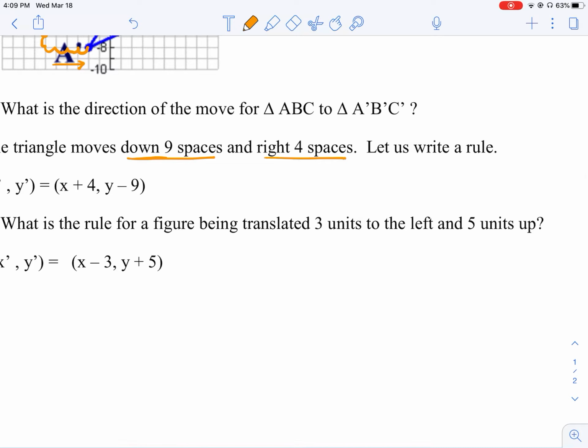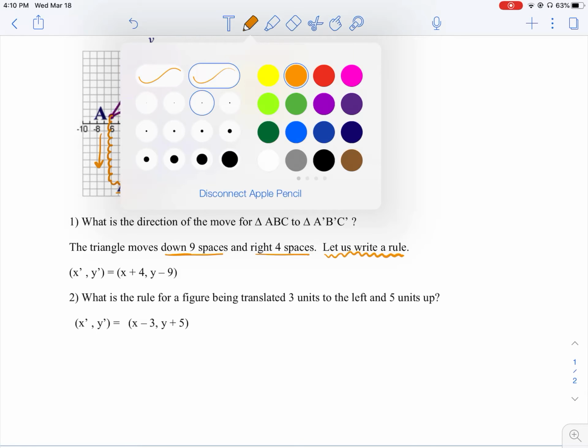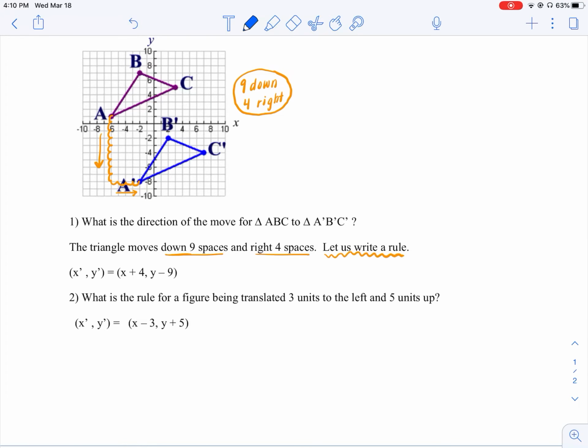They're going to ask you to do what's called writing a rule. They want you to write a rule. So off to the side, I'm going to show you an interesting rule that you should follow.